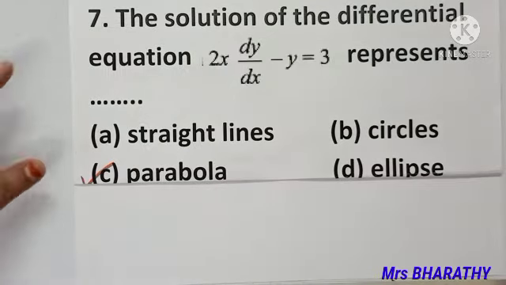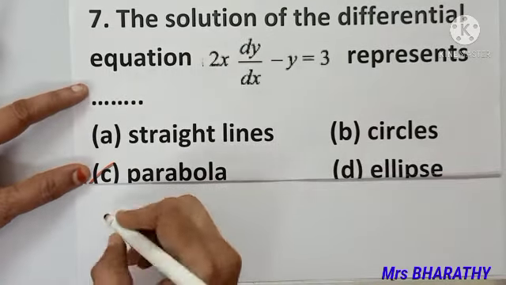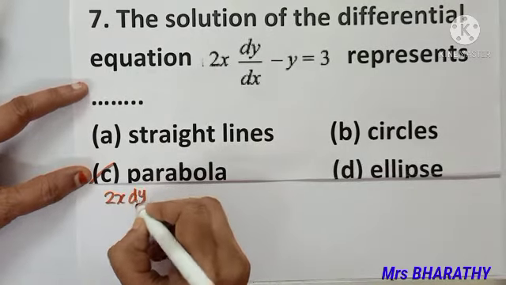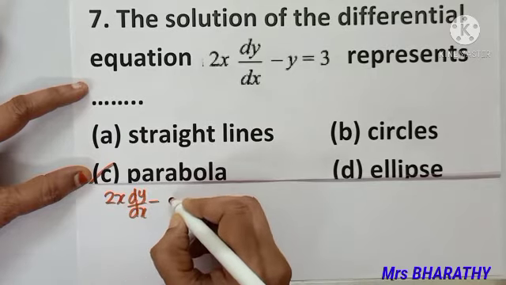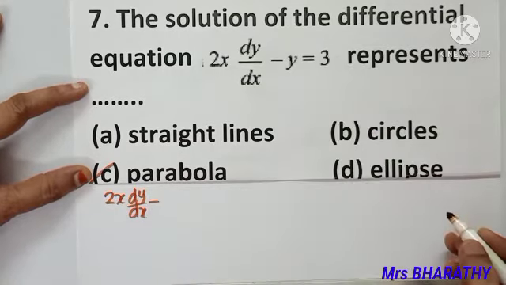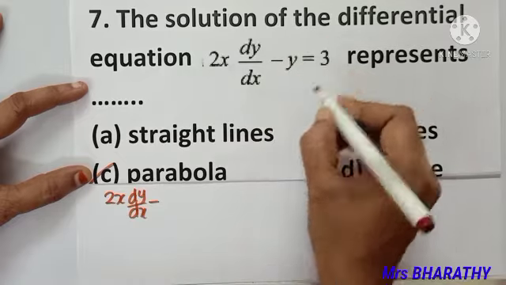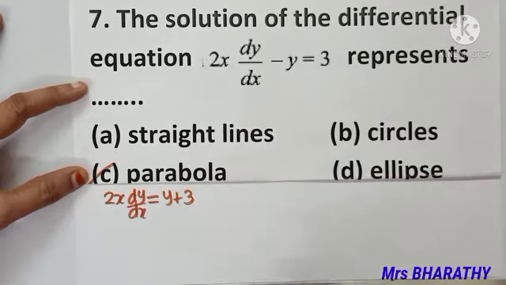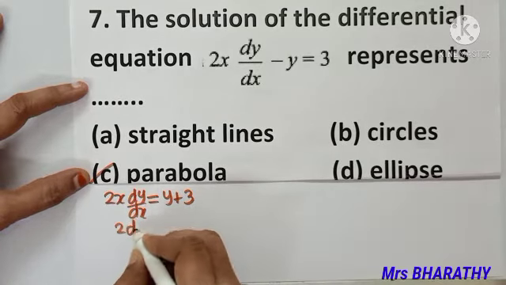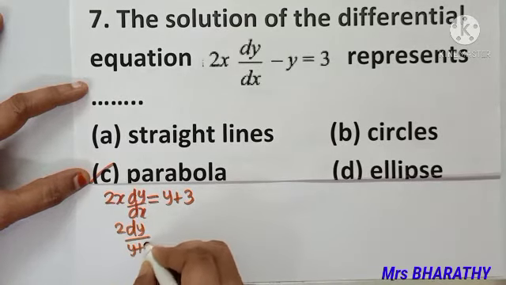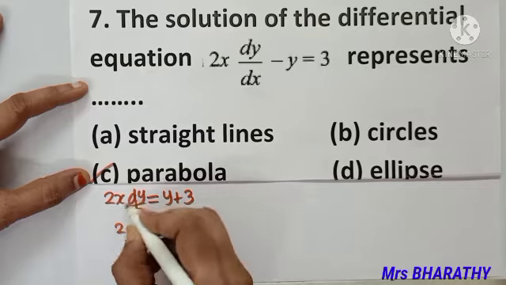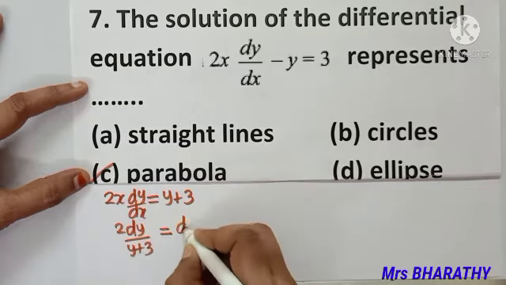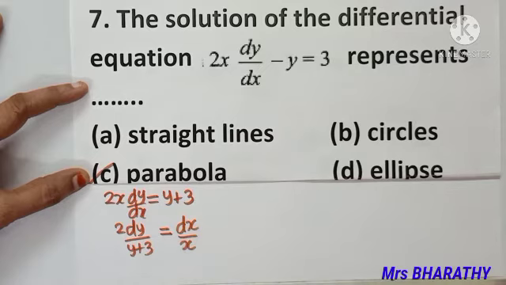Question number 7, the solution of the differential equation 2x dy by dx minus y equals 3 represents. Bringing minus y to the other side, it is plus y plus 3. Separating the variables, 2 dy by y plus 3 equals dx by x.